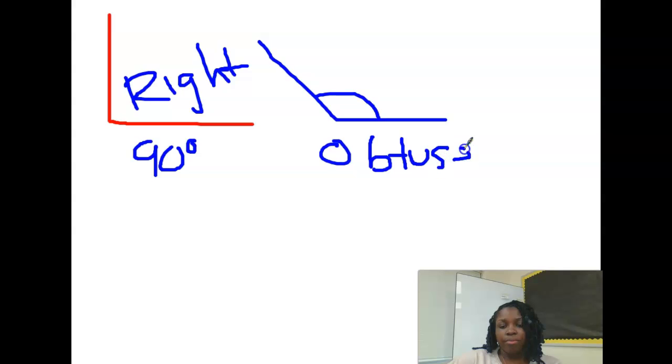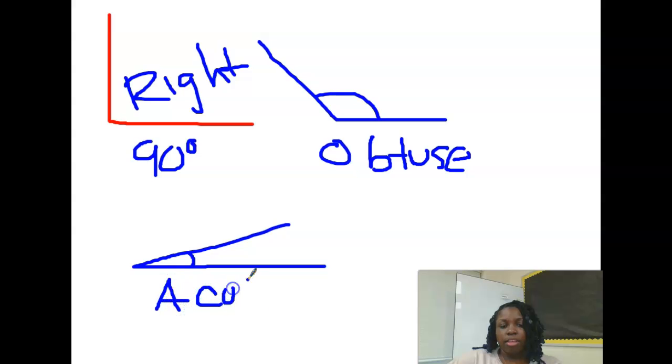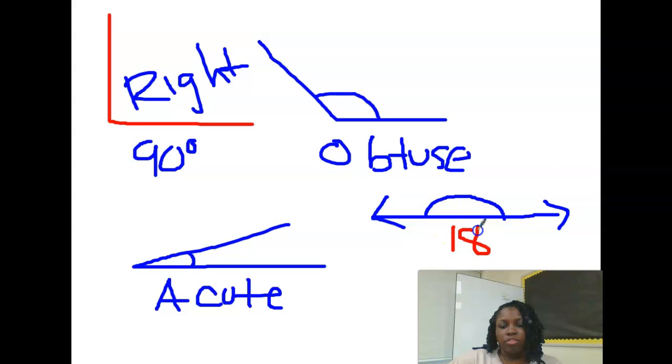And this is an acute angle because it's less than 90 degrees and smaller than a right angle. And this is a what? Great, a straight angle. Do you know how many degrees are in a straight angle? Great, 180 degrees. So that's a quick review of the basic angles we need to know about.